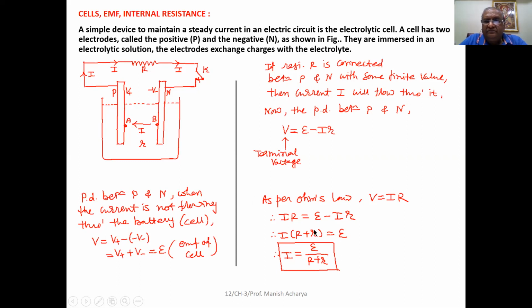So this is the equation of the current constituted in this particular circuit through the resistance R, which is connected in the outer circuit with the cell having EMF E. Clear to all of you?